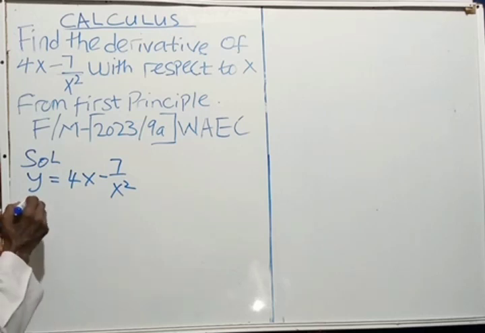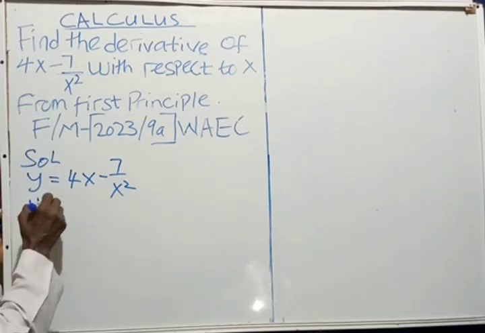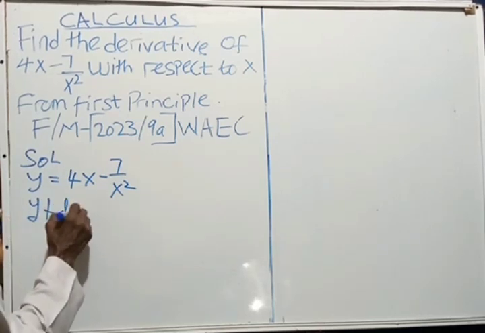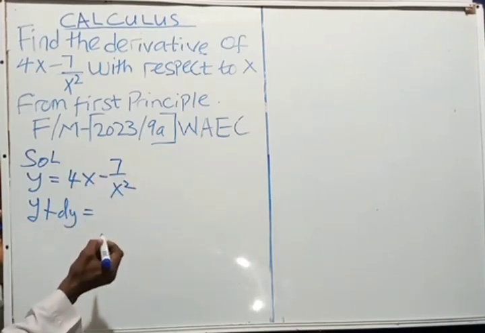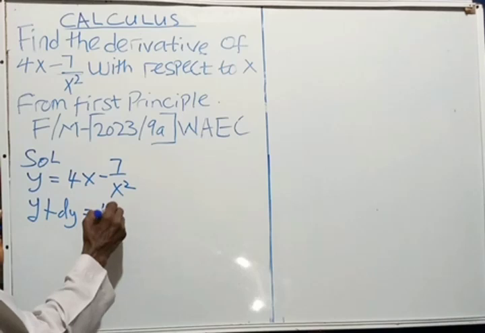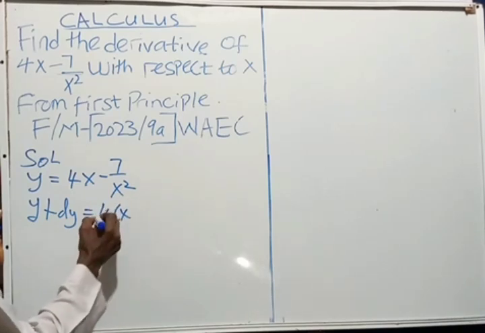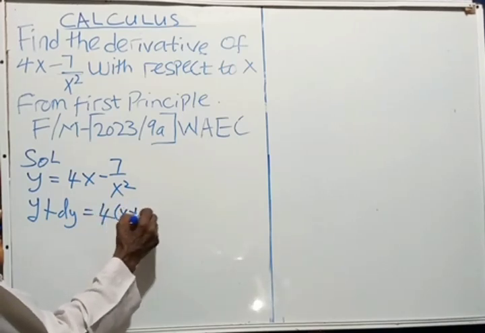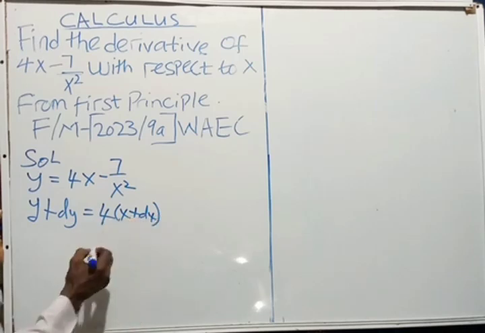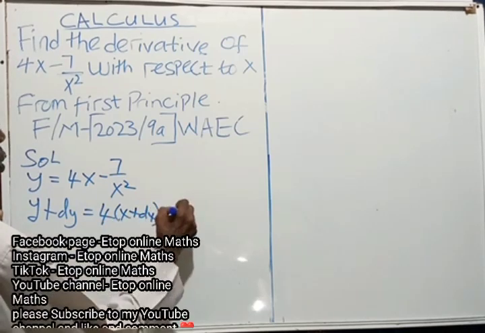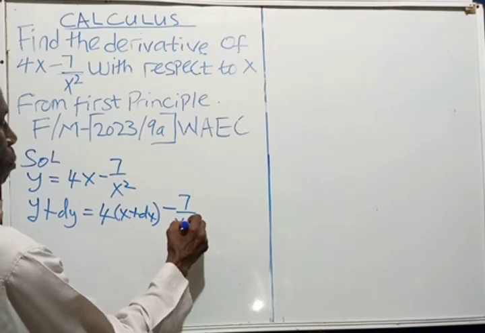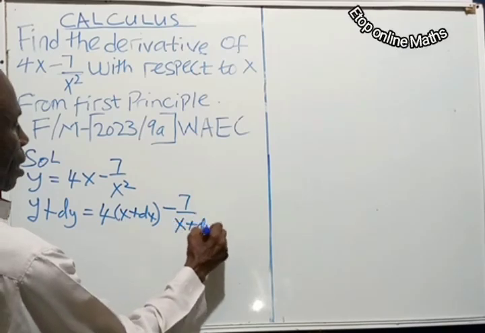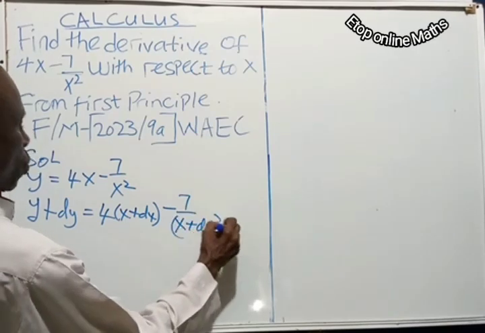So the change in y, we write it this way, that is dy, equals, then there must be a corresponding change in x. So now I have 4 into x plus dx, that is the change in x, minus 7 over x plus dx raised to power 2.